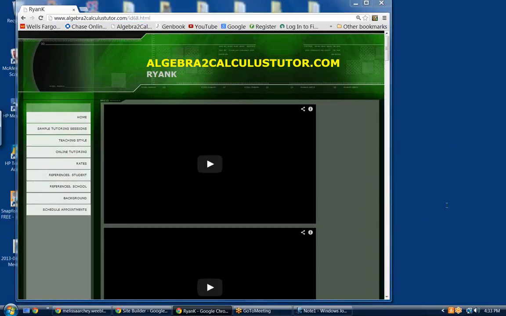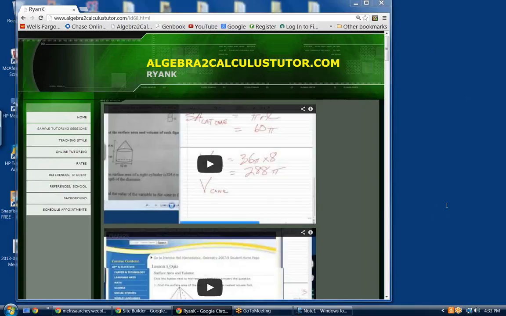I'm going to copy and paste this. There's the link right there. Copy that and save it. Awesome. Then you'll always have it as a favorite. This Algebra to Calc ID 68 is your page. The most recent session will always be at the top. It'll take a few hours to process, so it's always 4 or 5 hours after the session.